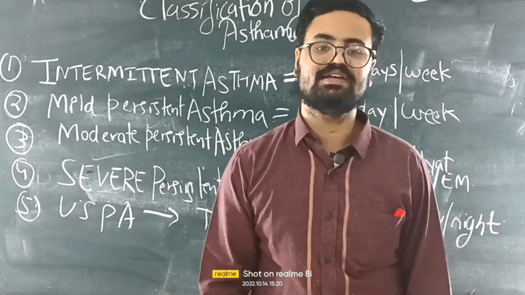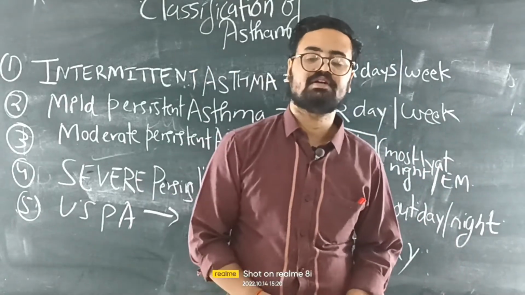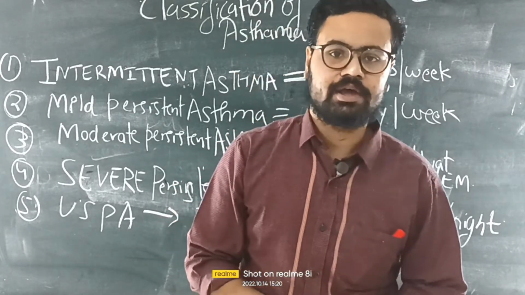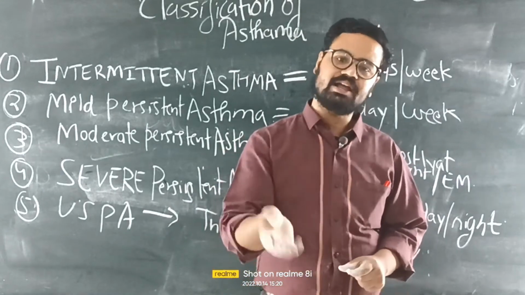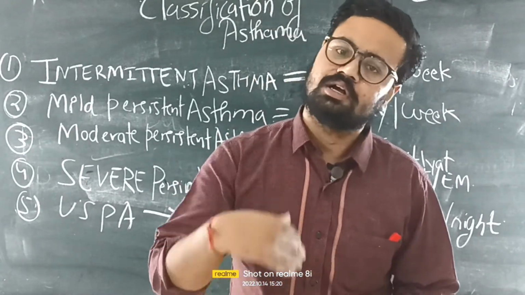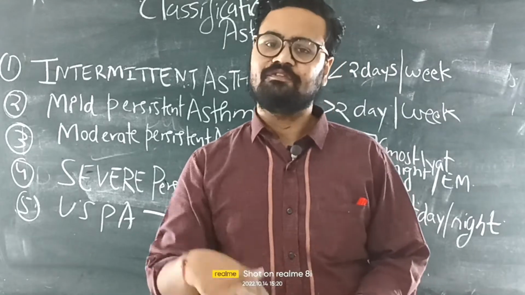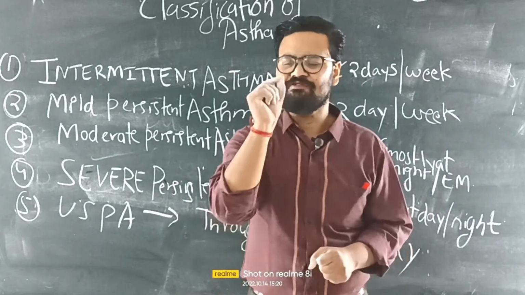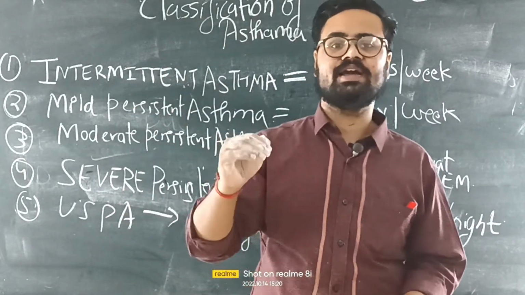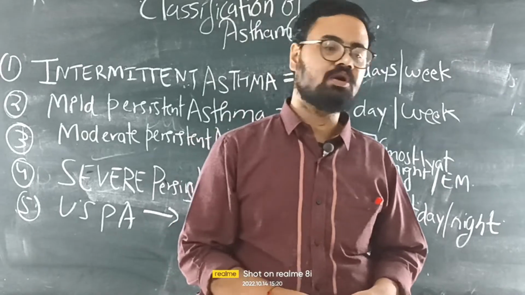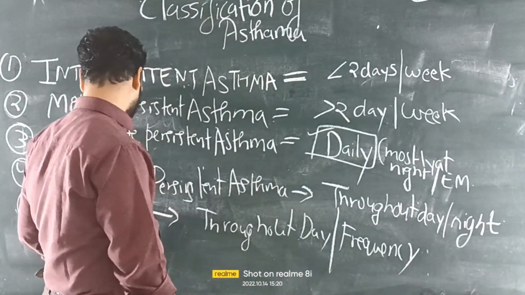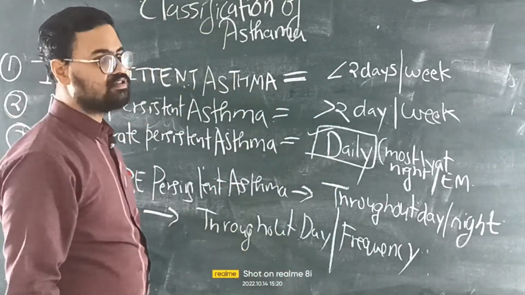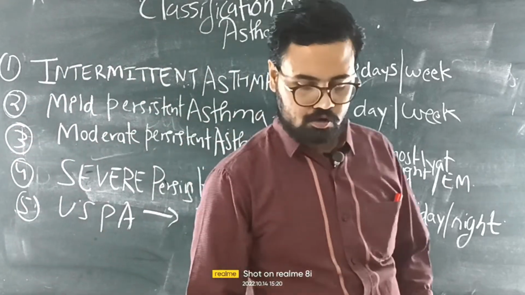Suppose an asthmatic episode comes at 7:30 am, then after 10 minutes it comes, after 1.5 hours again it comes, after 2 hours again it comes. If the frequency of asthmatic episodes increases throughout the whole day and night, the patient will suffer more, and this is the last stage of asthma, very severe persistent asthma.